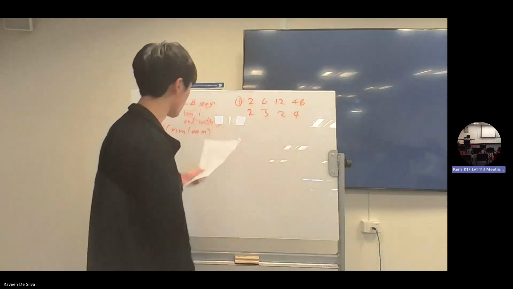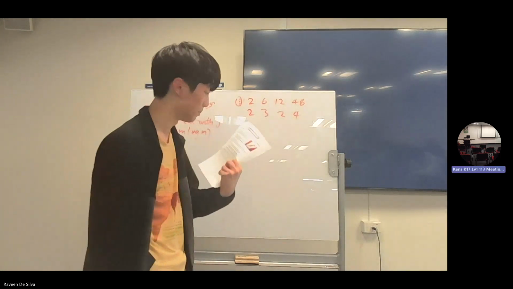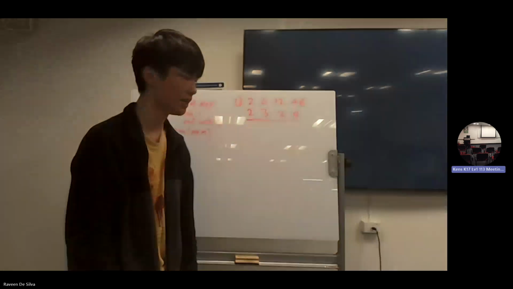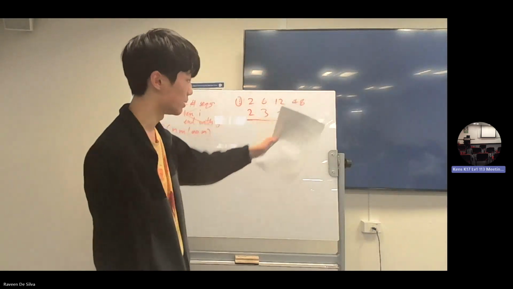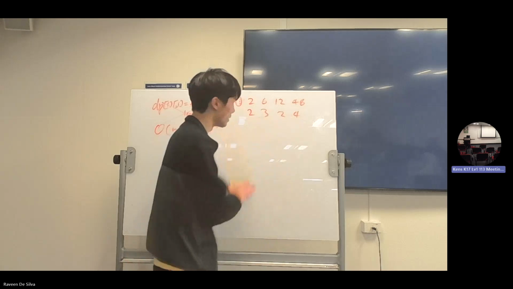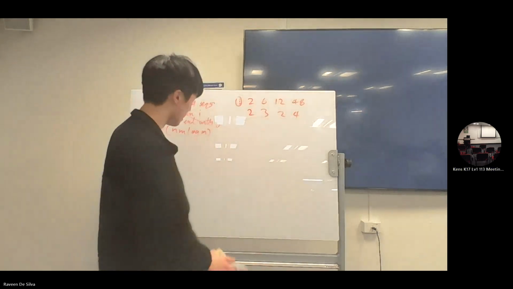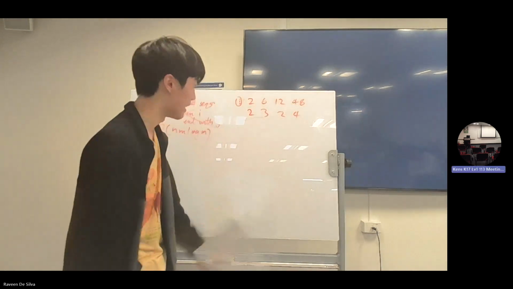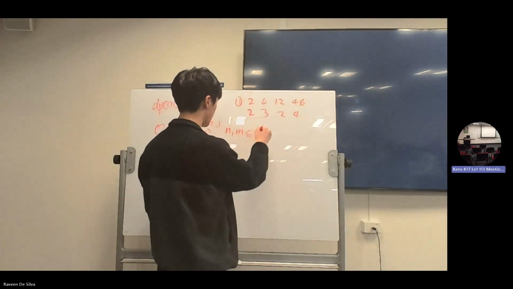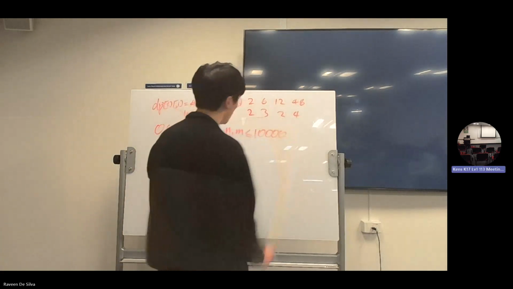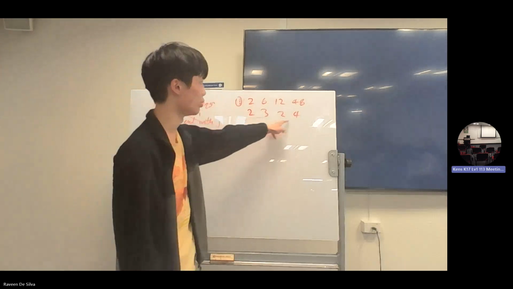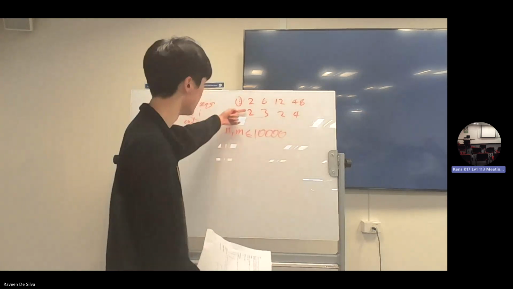By the same constraints as the problem, all of these numbers have to be at least 1, and the product has to be less than or equal to m. So we're counting the number of these arrays with a product at most m. The observation here is that since n and m are at most 10,000, in the worst case you can have at most 13 2s in this array.